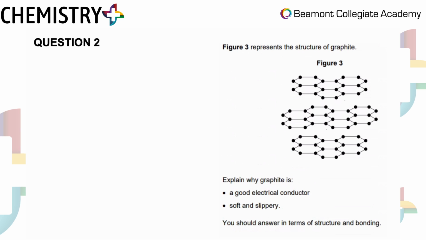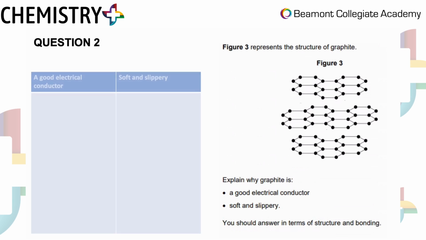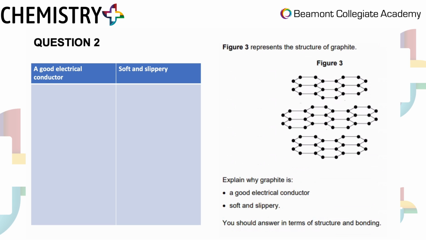As suggested, I would split this question into 2 parts, a good electrical conductor and soft and slippery. I'm going to focus on the soft and slippery part because I think the diagram informs this better for me. As I can see from the diagram, there are layers, so I could write down it has a layered structure.